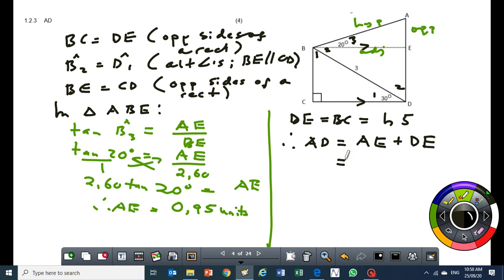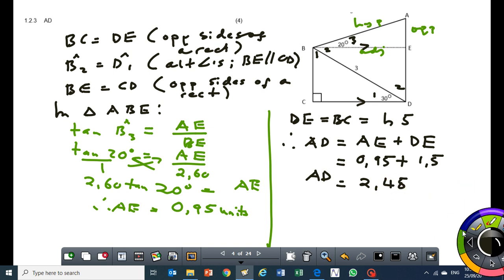AE is equal to 0,95 plus DE, which is 1,5. If you add the two, what do you get? 0,95 plus 1,5. What does the calculator say? It's 2,45. So this becomes 2,45.